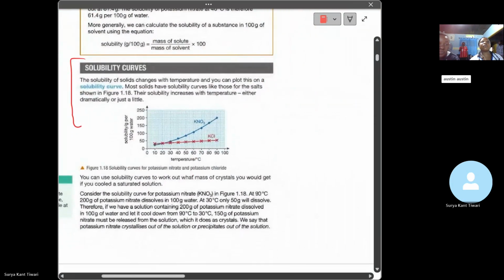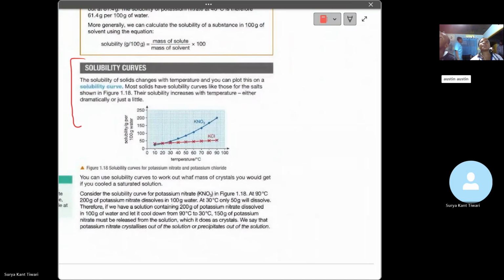The solubility of a solid changes with temperature, and you can plot this on a solubility curve. Most solids have solubility curves like those for the salt shown in figure 1.18. Their solubility increases with temperature, either dramatically or just so.